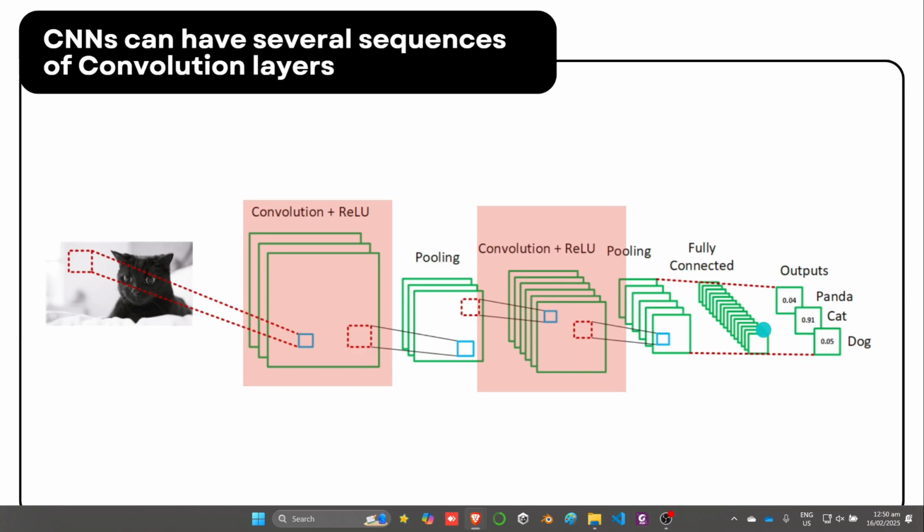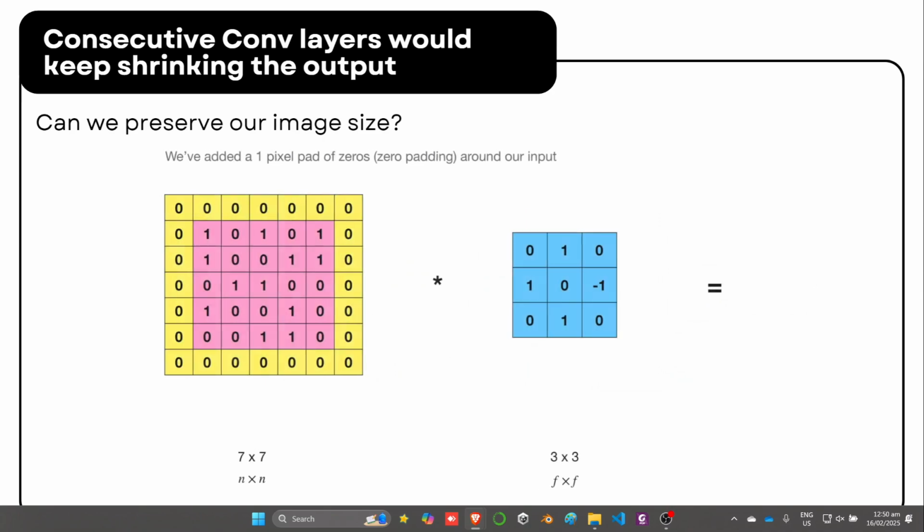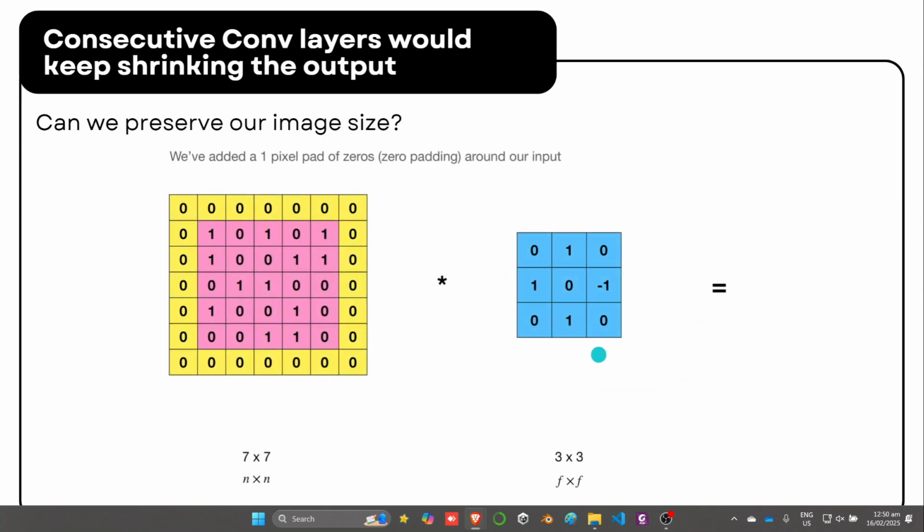And that's not always desirable. In fact, in most cases, that's not desirable. These are the convolutional blocks in this example here, this one and this one. So we can see that consecutive convolution layers keep shrinking the output. But is there a way we can preserve our image size?